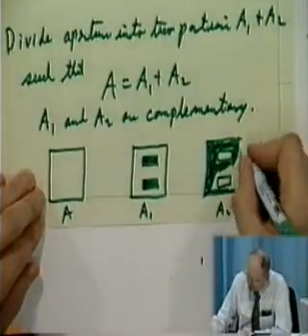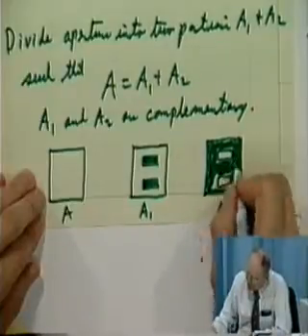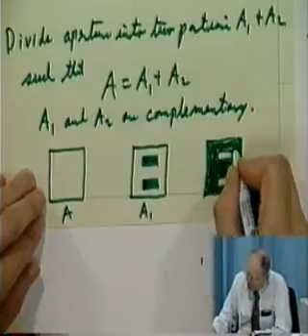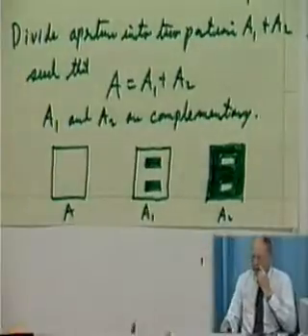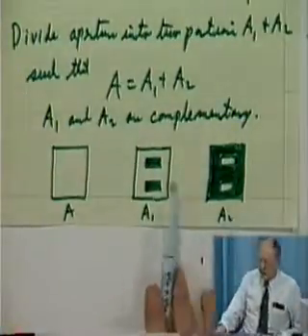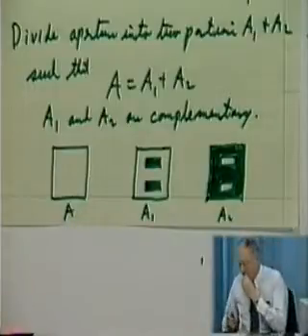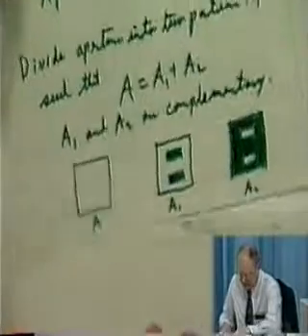It's much easier to do this on a computer. Anyway, close enough. So these two are complements of one another, such that if I add A1 and A2, I get A. Okay. Again, you might say, so what?